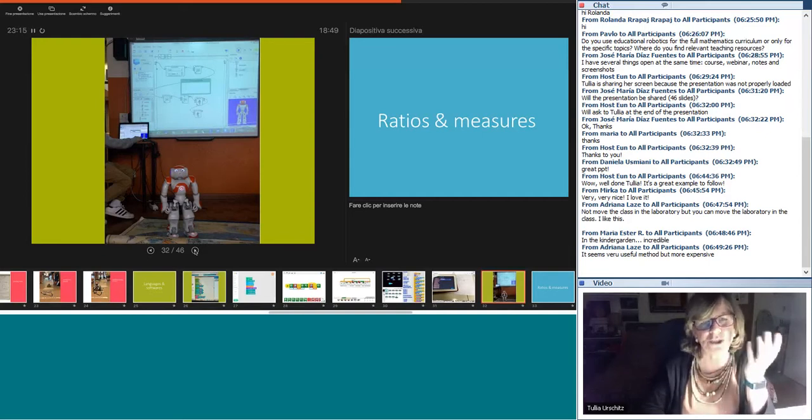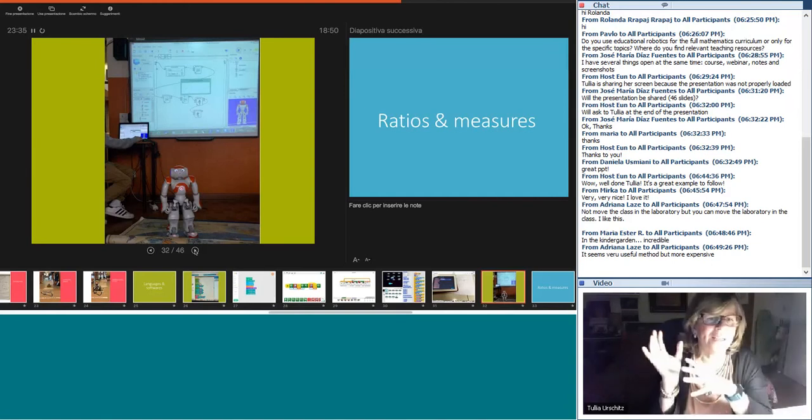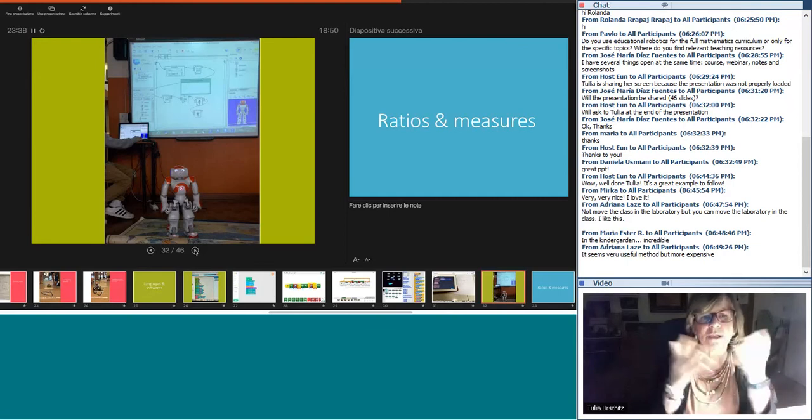Then through projects, competitions, and prizes, I improved the number of robots in the school. And we are also thinking of sharing robots in a network of schools. So if I buy one kit and another school buys another kit, we can share them.